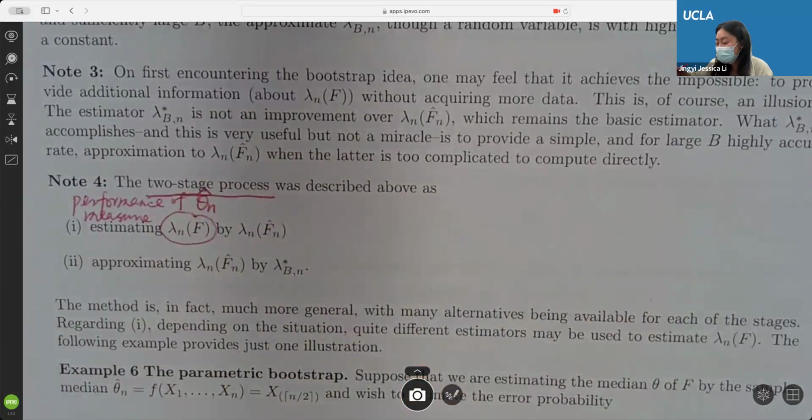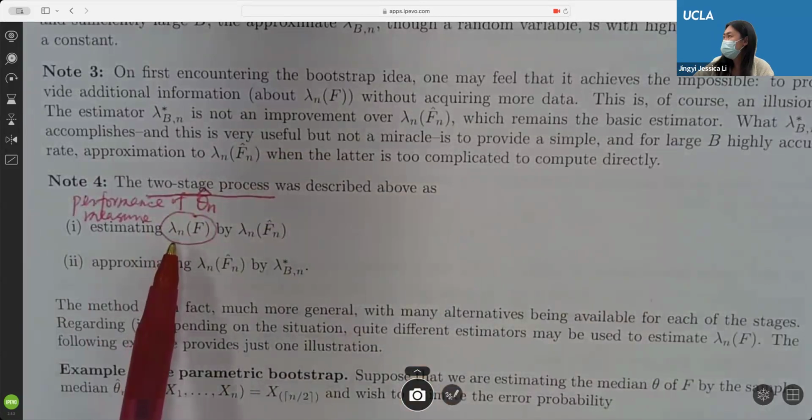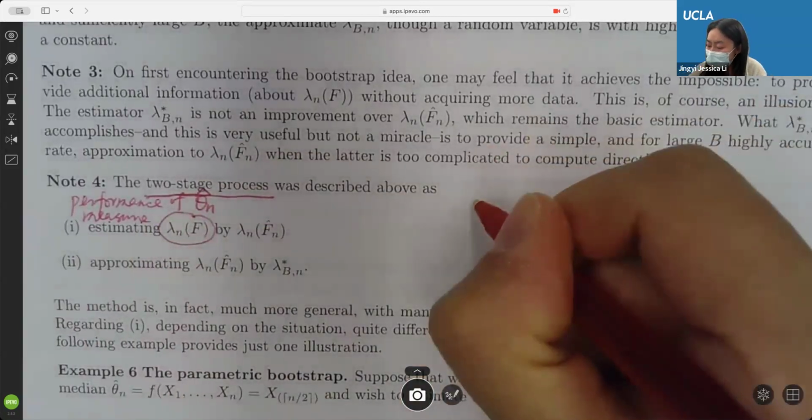But please note that although this performance measure depends on the sample size, it's not random, it's fixed.